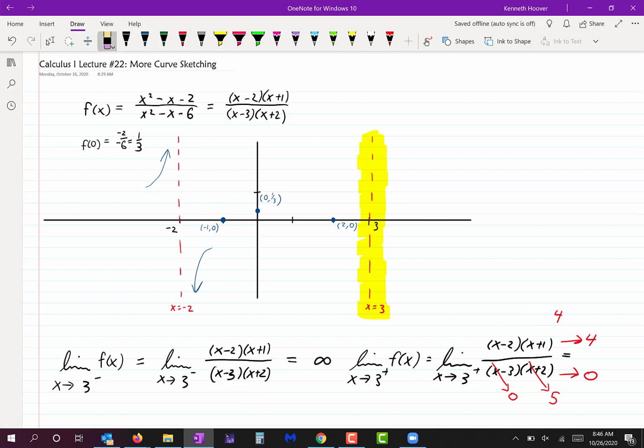What's left to figure out? Is it going to be a positive infinity or a negative infinity? So let's approach 3 from the left. Think of a number like 2.5. Okay, and you'll see that this will be giving us positive numbers.